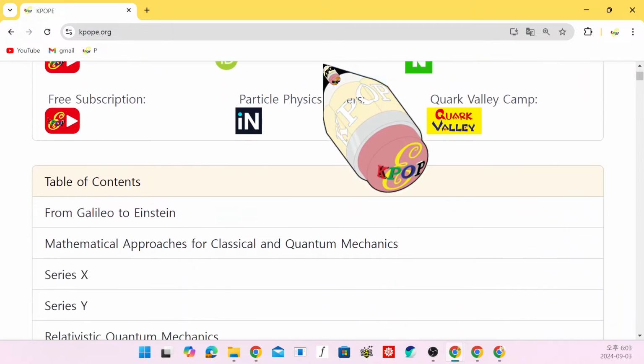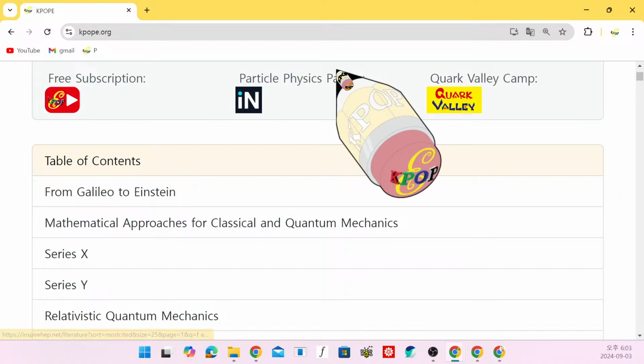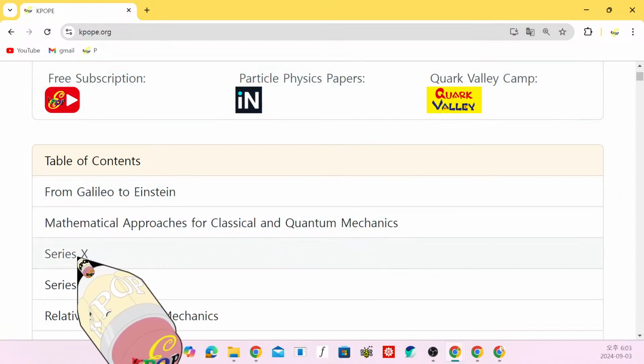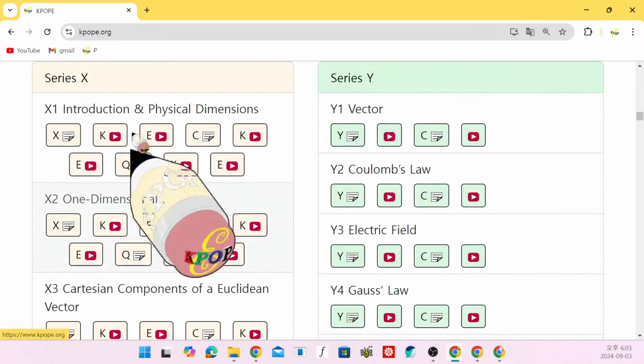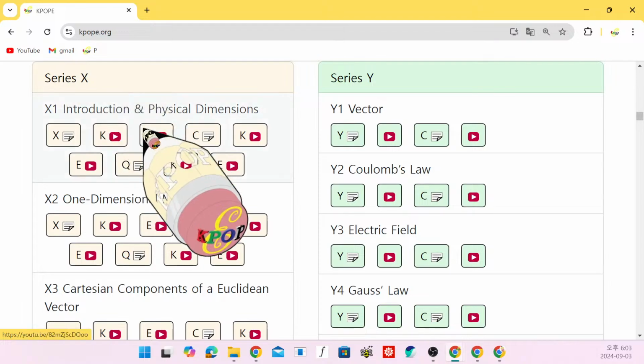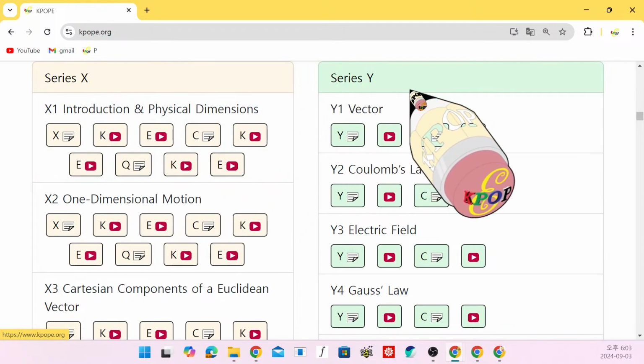If you scroll down, you will find the table of contents. We are studying General Physics 1, that is Series X. If you click Series X, then you come here. And Series Y is General Physics 2.